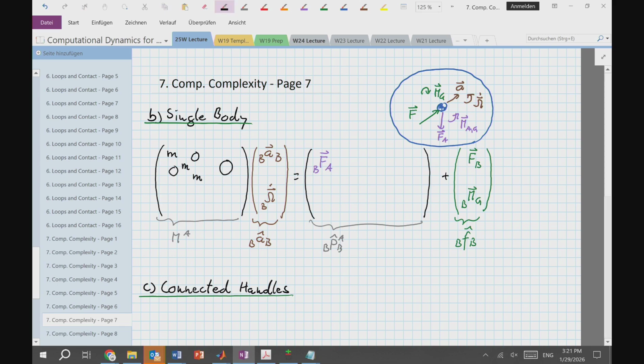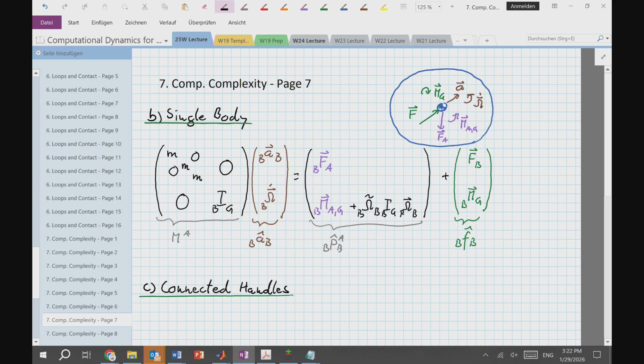And the same we can do with the rotational motion, where instead of mass we now have the inertia of body B about the center of gravity. So inertia times angular acceleration equals the active torques, ma, about the center of gravity of body B, plus the precession moment, which we computed as this term omega tilde times I times omega as a vector.